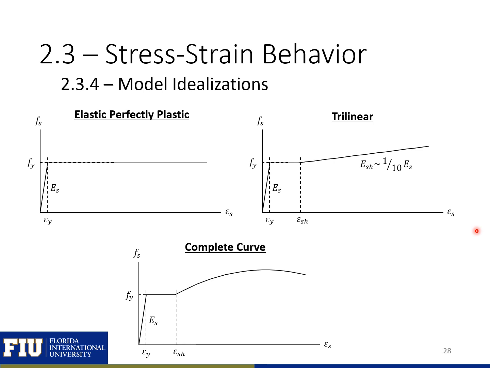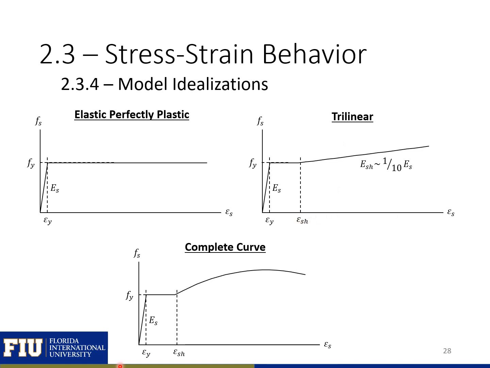Next, we have a trilinear curve where we assume that we have elastic behavior up until our yield plateau, and then we assume that the initial stiffness of our strain hardening region is around 1/10 of Es. So this is applicable for sections where we're just a little bit over our strain hardening strain.